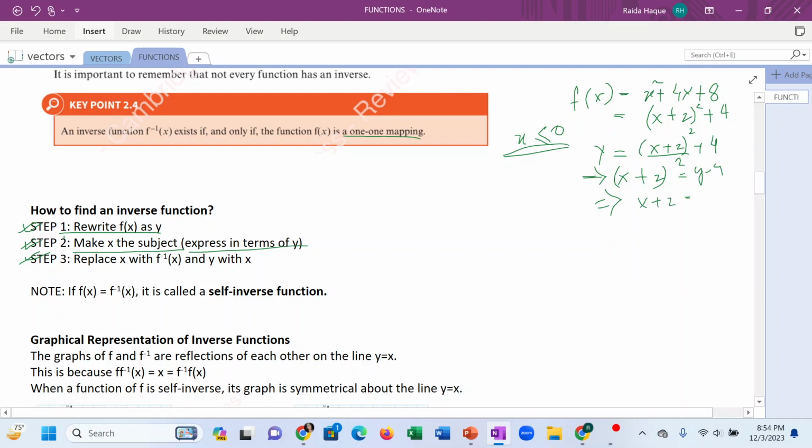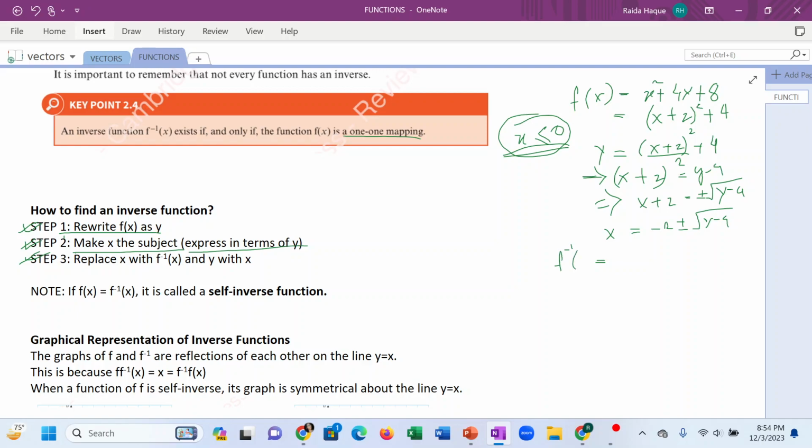x plus 2 equals plus or minus. Do not forget the plus minus at this stage. You need to include both of these. It is a very common mistake of many students. Make sure you include both the plus minus, and then x equals minus 2 plus or minus root of y minus 4. Now you have been given that x is less than or equal to 0. Since x is less than or equal to 0, we only take the negative value for the expression of f inverse x.